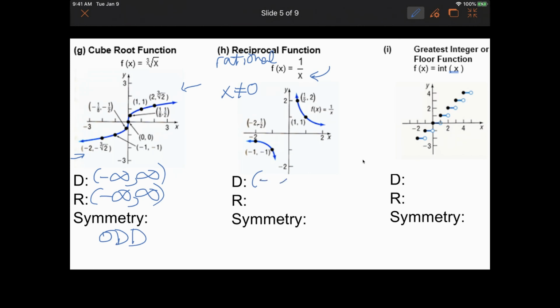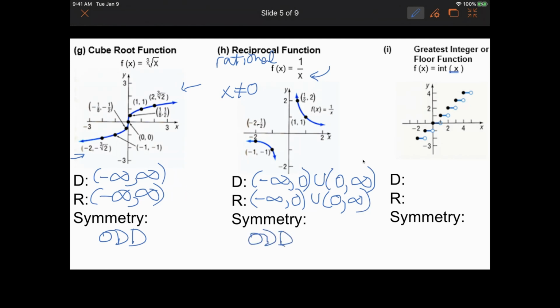So it can go from negative infinity to 0, parentheses, and it can be from 0 to positive infinity. And I need to include those two. It's a union, so both of those. So that is the same thing as the range. Okay. So symmetry, it is odd.